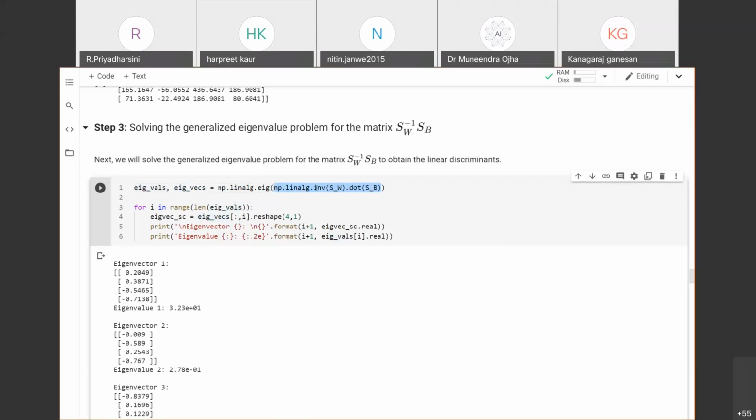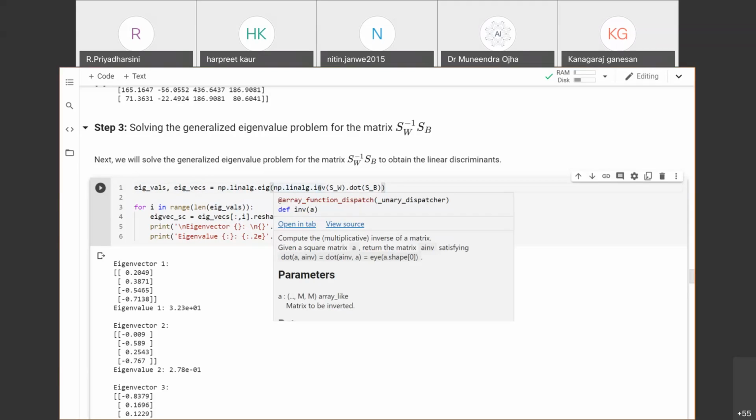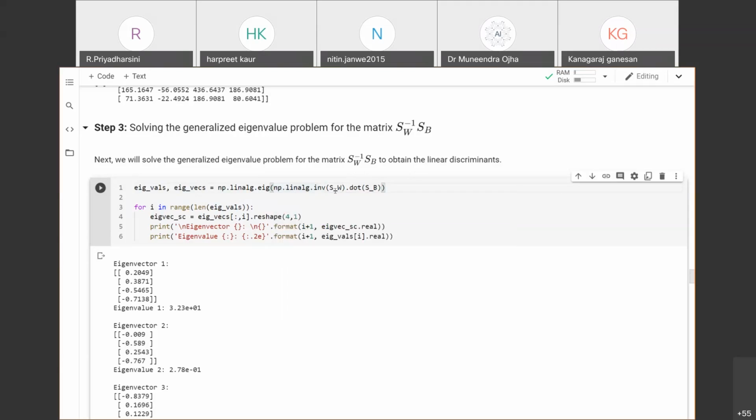Here you see we are passing the SW matrix, the within class matrix, to the linalg inv function, that is the inverse function, which computes the inverse of a matrix. So this part is calculating the inverse of the SW matrix.